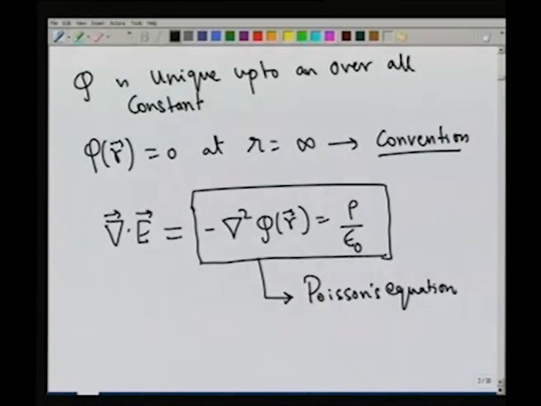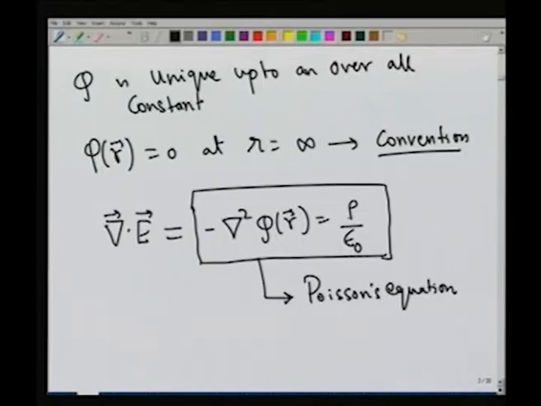You people have already studied gravitation in your mechanics. Exactly the same arguments go over there also, because you start with the 1 over r squared force, and then you have the principle of superposition, and then what you do is to build any mass density through individual particle masses, whatever they are. So you can eventually set up an equation like this. The only difference is that there my rho will represent not the charge density but the matter density.